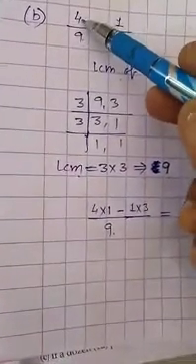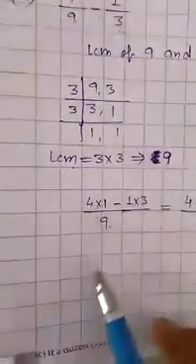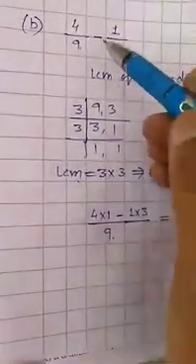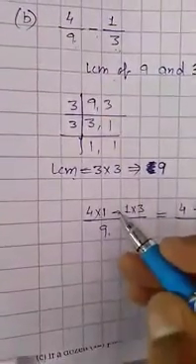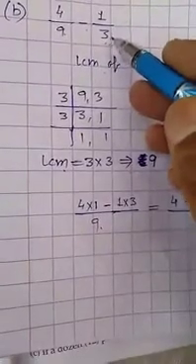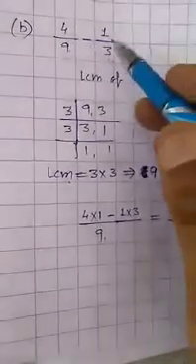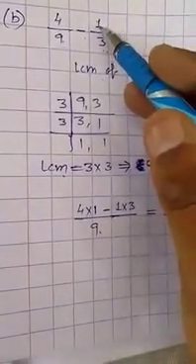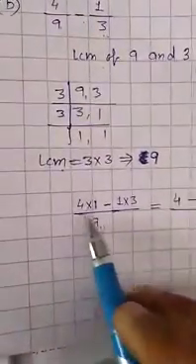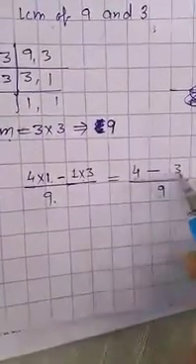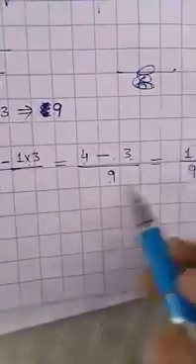So we multiply 4 by 1. Then we write the minus sign. Now we divide 9 by the second denominator, which gives 3, and we multiply its numerator by 3. 1 times 3 is 3. So 4 times 1 is 4, minus 3, upon 9. 4 minus 3 is equal to 1. 1 upon 9 is the answer.